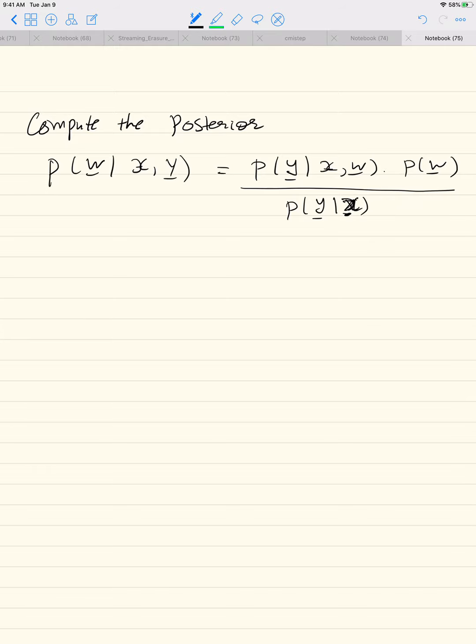So what we are doing is we are actually computing the inference problem. We are computing the posterior of the weight vector given our data. The good news is that this is also Gaussian. This is Gaussian with some mean mu and some covariance matrix A inverse, where these quantities can be computed in closed form.